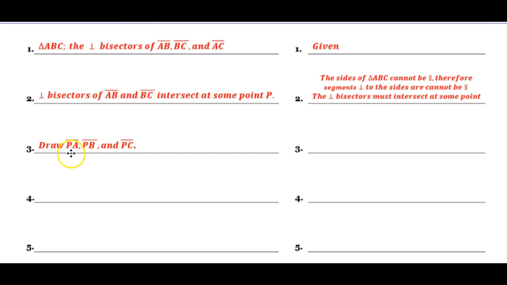So I want to draw PA, PB, and PC, which would be from the circumcenter P to each vertex. Why can I draw those? Because through any 2 points, there is exactly one line. So if I have point P and point A, then I can draw the line PA, or the segment PA.